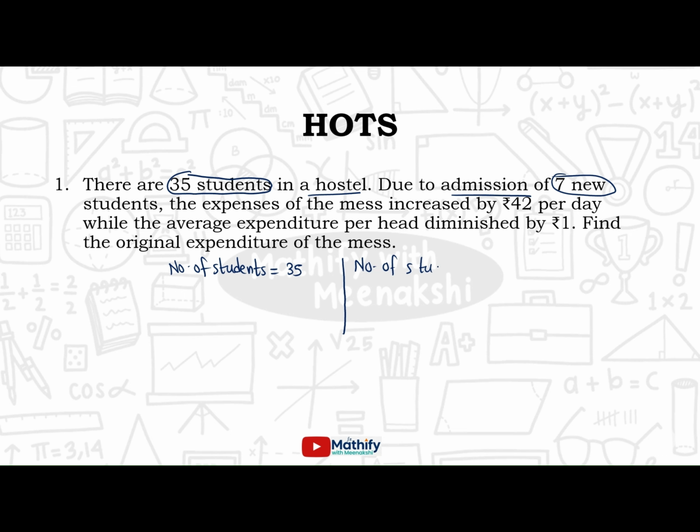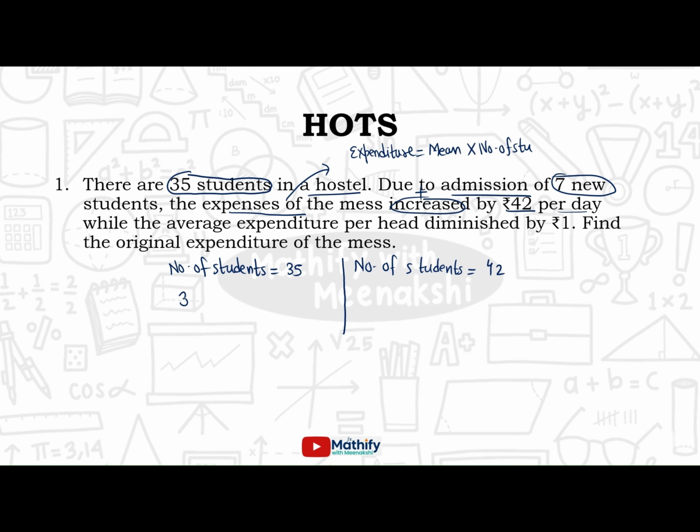After that it's given that the expenditure increased by rupees 42 per day. Here they just said expenditure, that means sum. So we can say expenditure is mean into number of students. That is increased, and increase means plus 42.